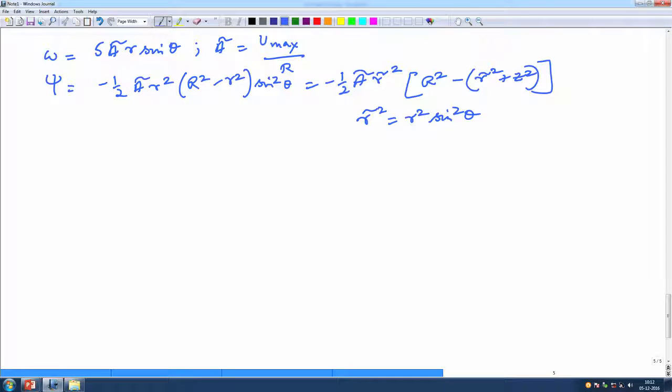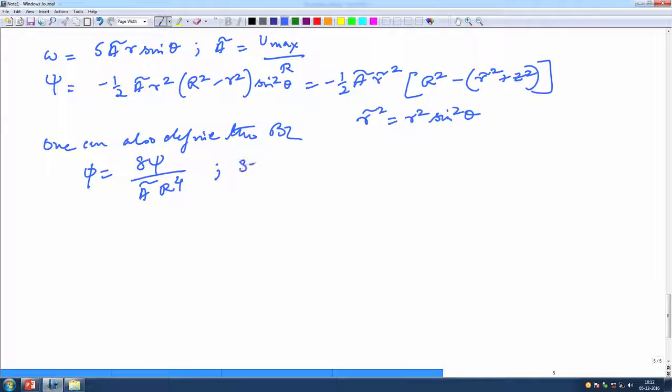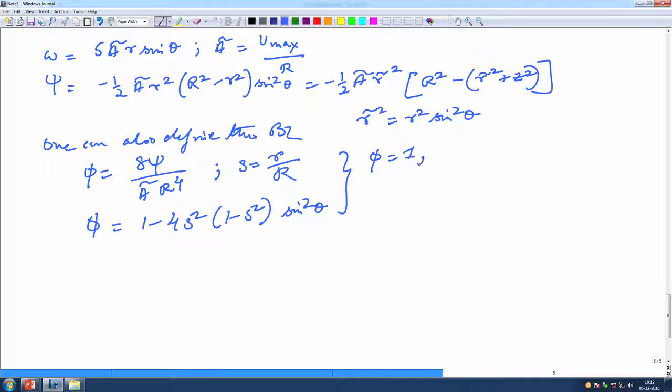One can also define the boundary layer variable phi equal to 8 psi by a tilde R to the power of 4, with s equal to small r by capital R. This is just a coordinate transform, and it is also written as 4 by s square times 1 minus s square times sine square theta. This is subject to the condition that phi is equal to 1 when s is equal to 1, that is at the interface.